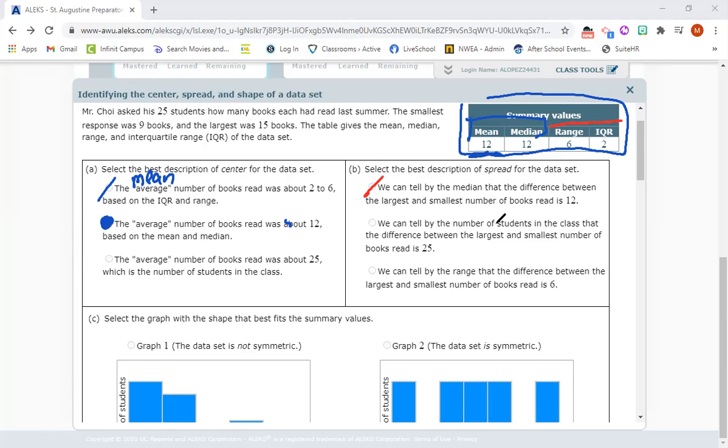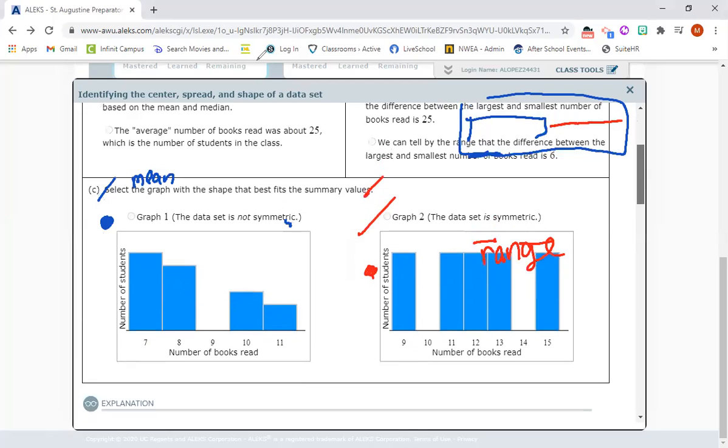We can tell by the number of students in the class that the difference between the largest and the smallest number of books read is 25. Well, I know if I subtract the largest minus the smallest, that's the range. So is my range 25? No, it is not. Lastly, this has to be my answer. We can tell by the range that the difference between the largest and the smallest number of books is 6. That one's correct.